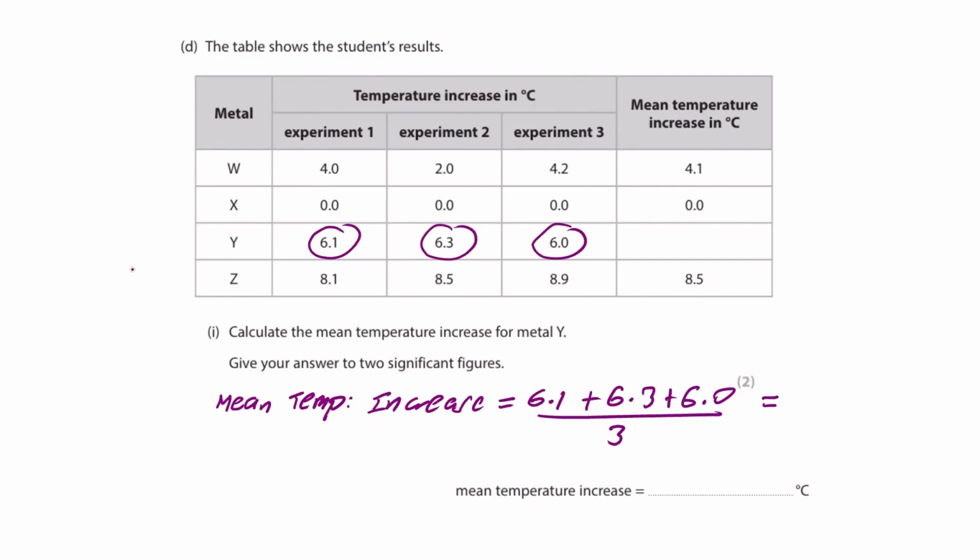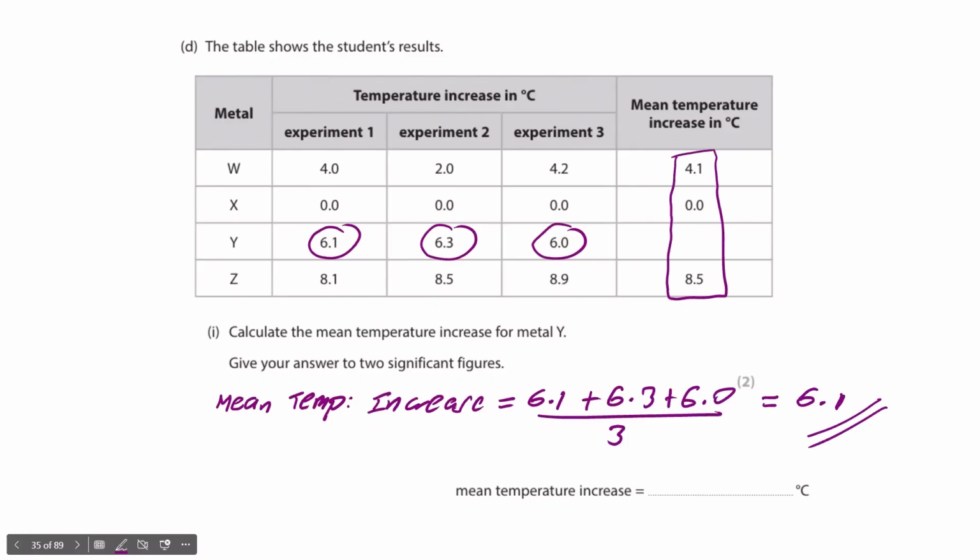Our answer is 6.1. Right, the mean temperature increase is 6.1. That's how you can answer, because I just wrote the answer only to 1 decimal place. You can see that all the mean temperatures are given to 1 decimal place here. So we get the answer as 6.1.